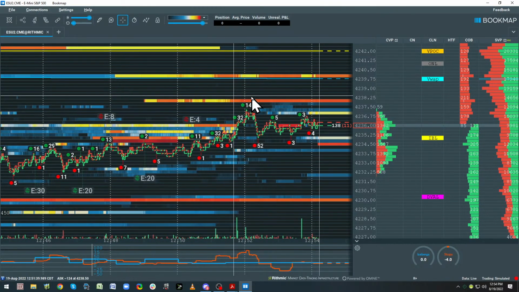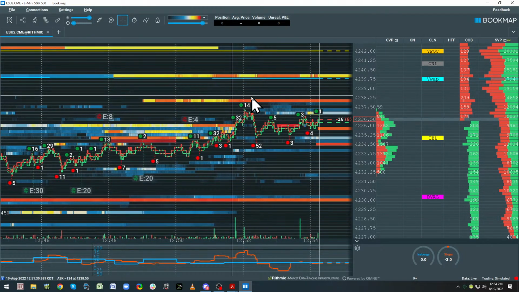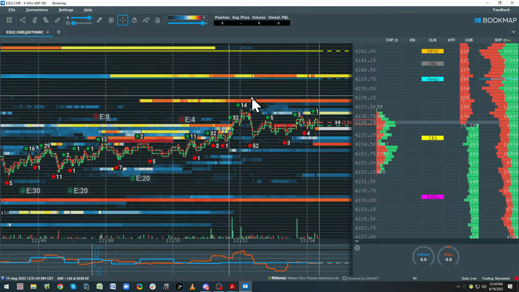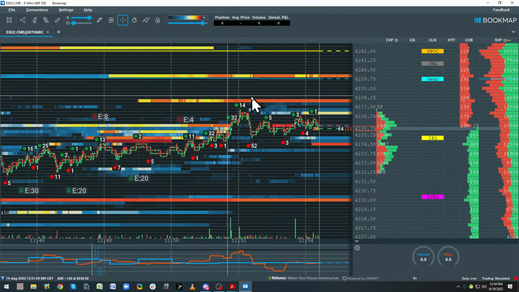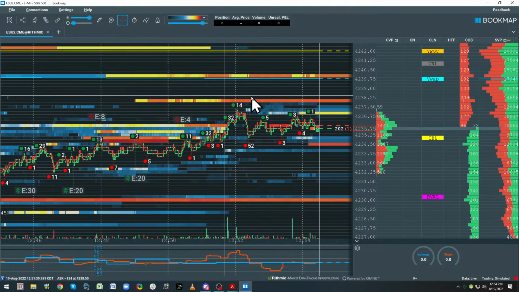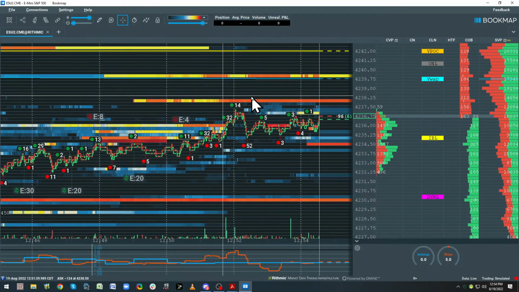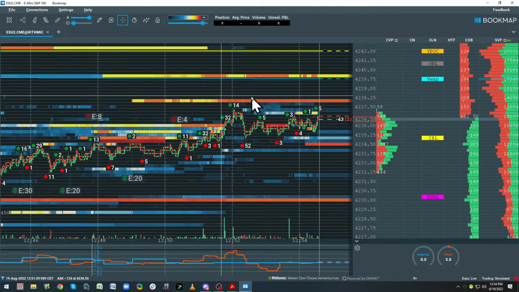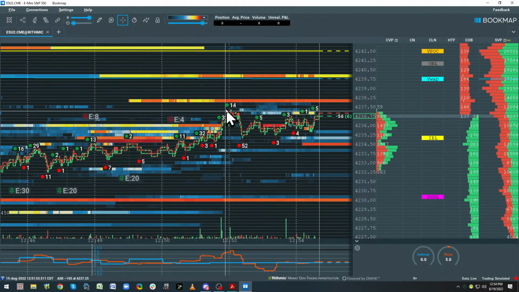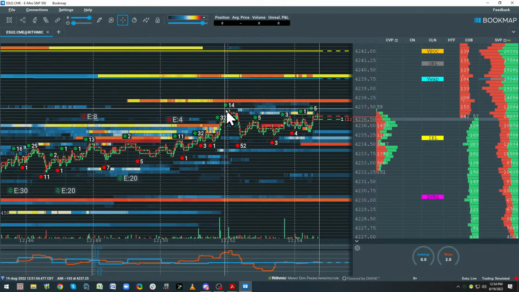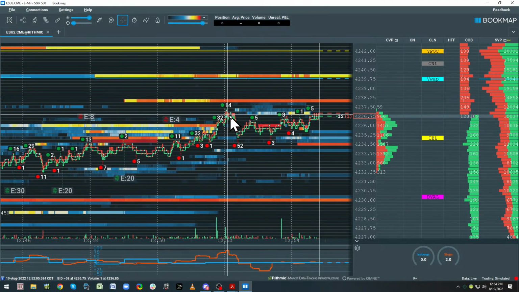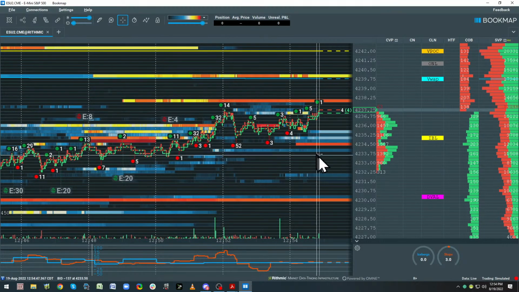Interesting, isn't it? They're pulling above, so they're opening the door. See how the book flipped?